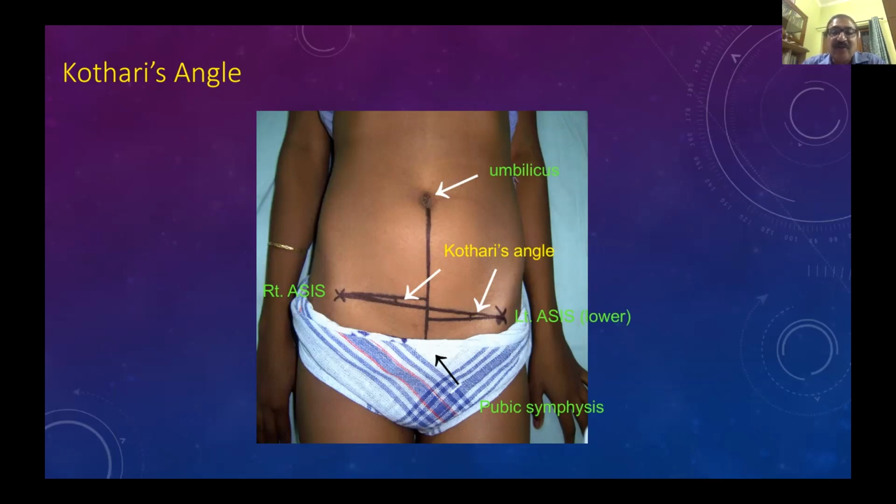In a case of abduction deformity, this will be above the line joining the anterior superior iliac spines. So in Kothari's method, there is no need to square the pelvis.